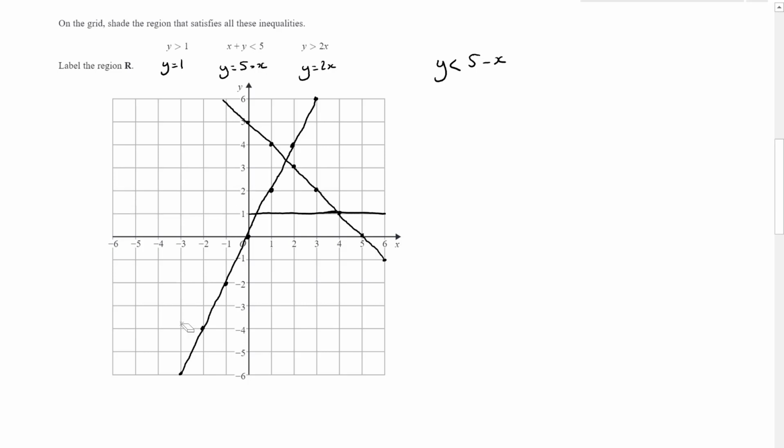Because any point that we choose, let me just draw that line back there, any point that we choose in this region is always going to satisfy this inequality. So we could choose, for example, let's say this point, where the y value is going to be greater than minus 2 times 2.